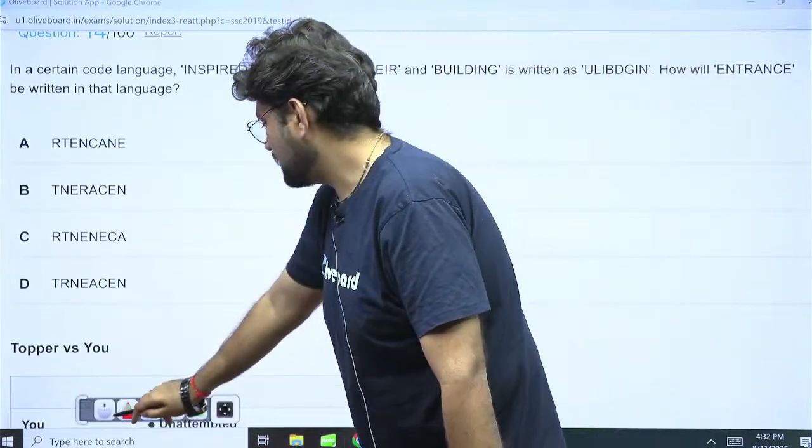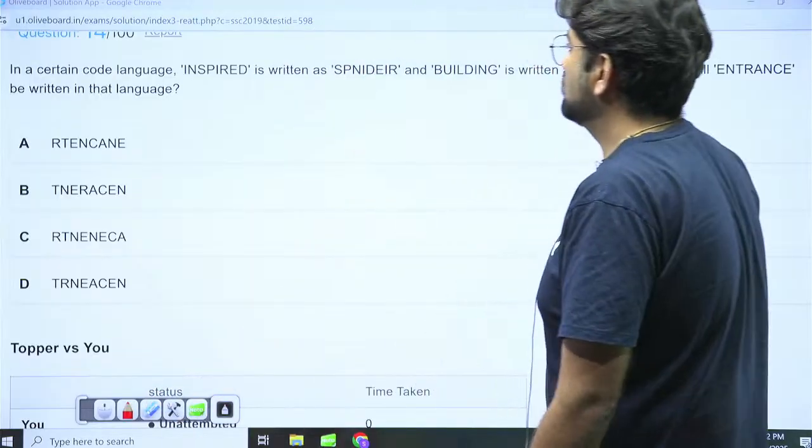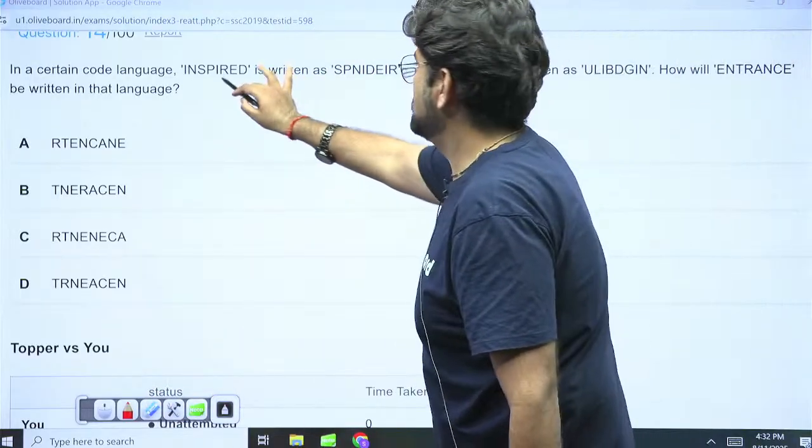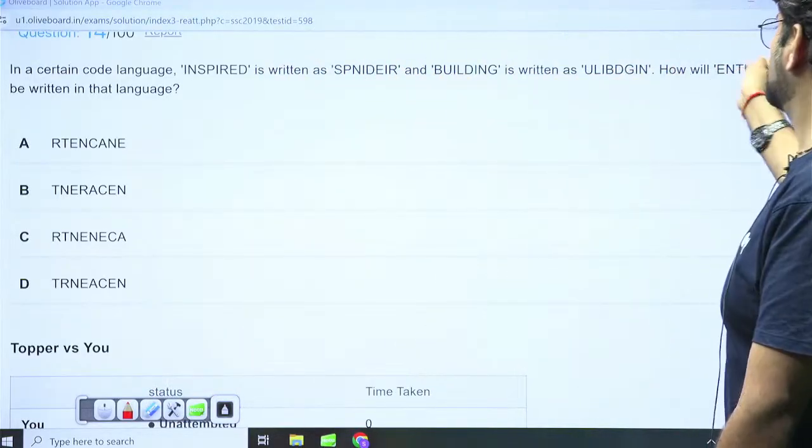Now look at the order. What is happening with the order? We definitely know that they are just being shuffled. So what will be entrance?